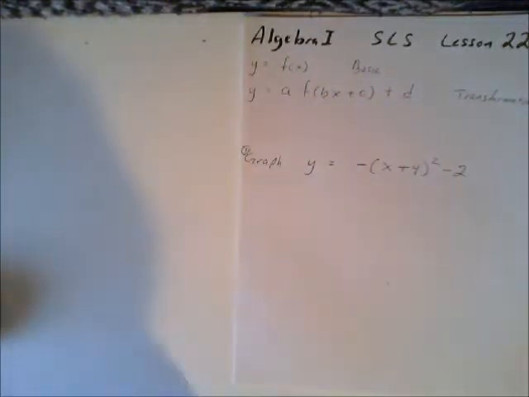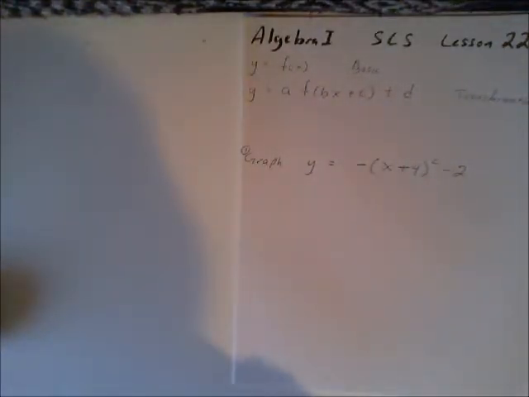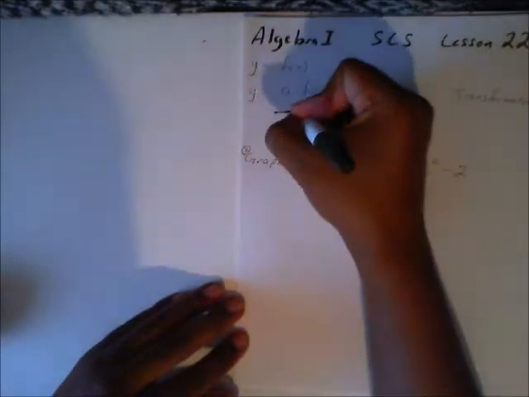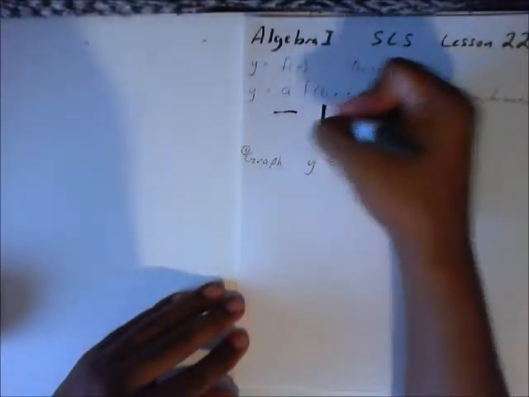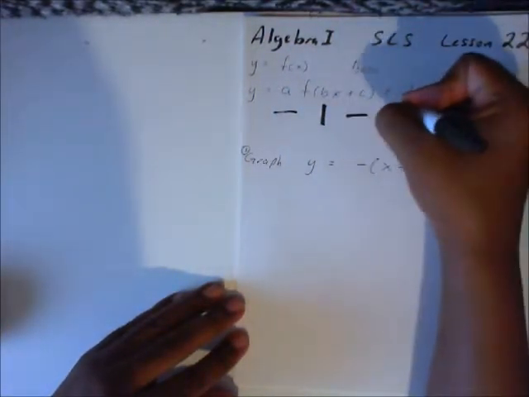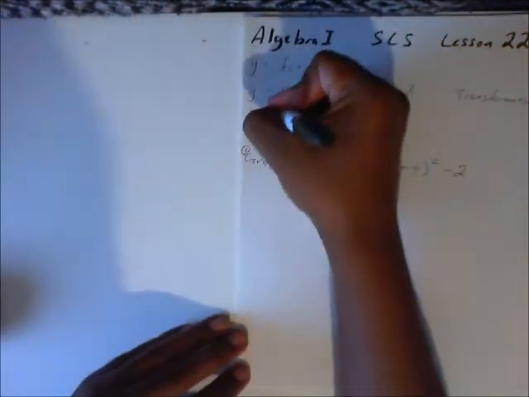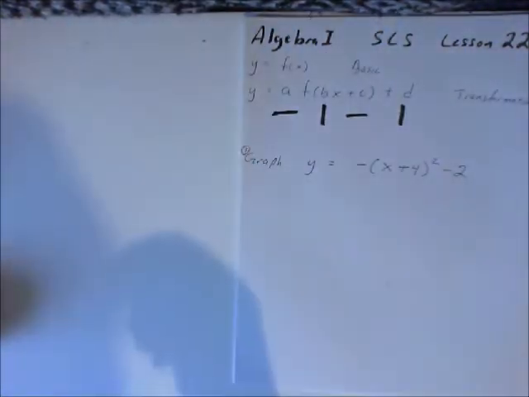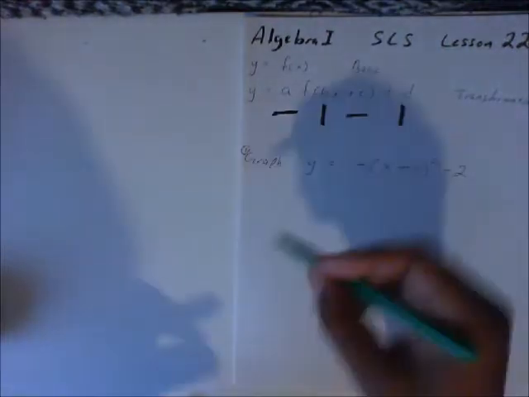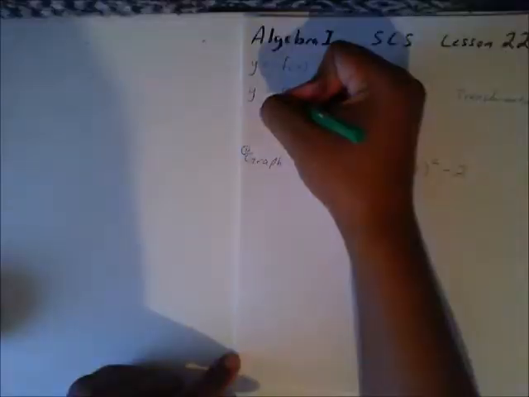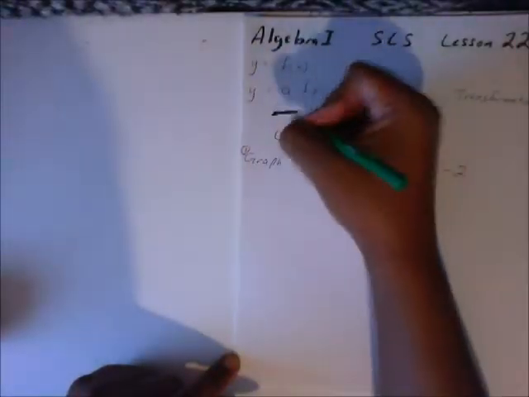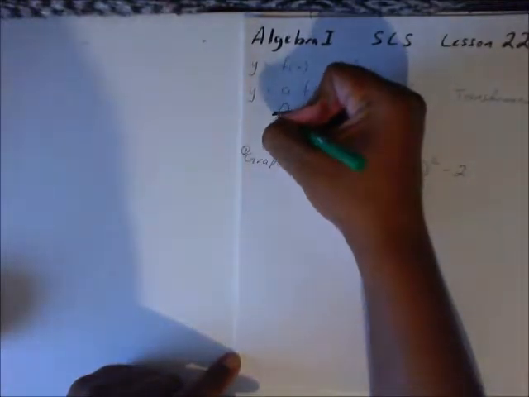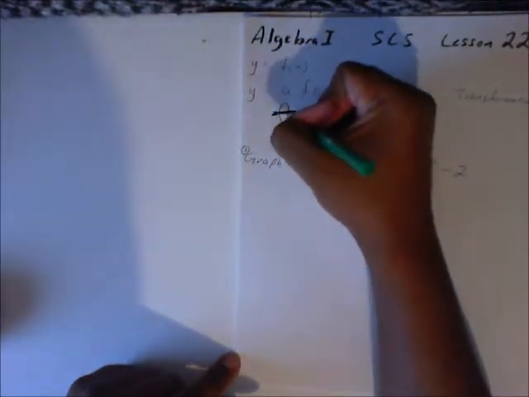Now the A parameter, let's give you a little chart here. If the A parameter is negative, it will flip the graph across the x-axis.